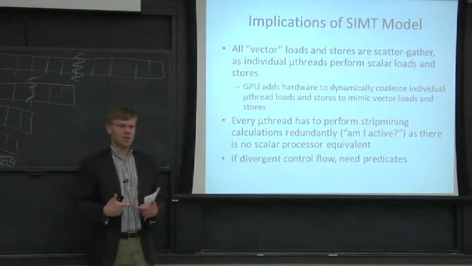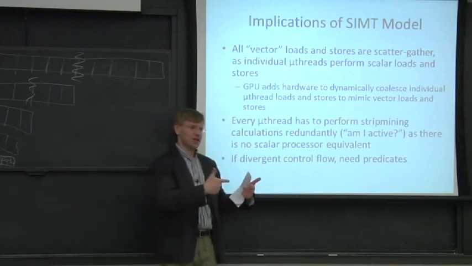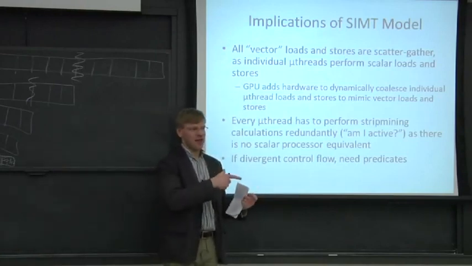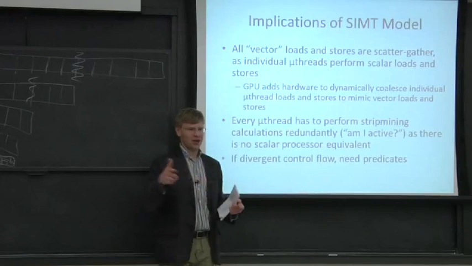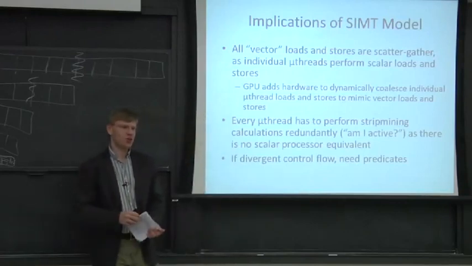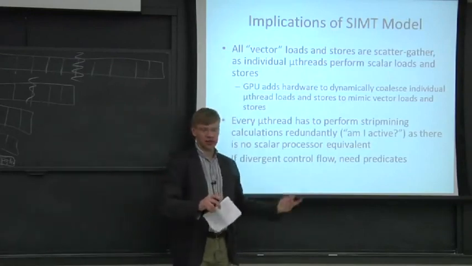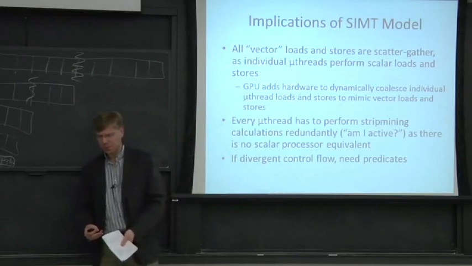So if you happen to have threads which all try to do, let's say, A of I, where I is the thread number, then you have unit stride operations. And you can try to pack them all together, and the hardware actually goes and tries to figure this out.